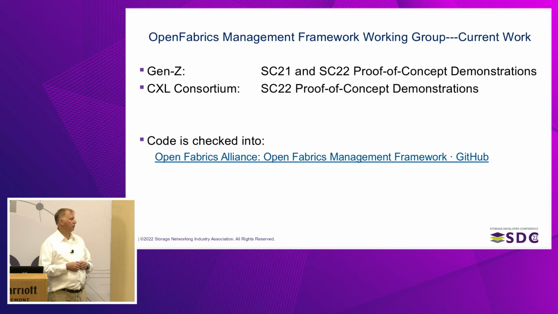through the Redfish and Swordfish to associate memory chunks with resources. And then this year, we're working on a proof of concept demonstration for a CXL consortium. We're going to take, again, chunks of memory. That's a simple use case that we're starting with. Gen Z did some small chunks of memory and some servers and stuff like that. This year, with CXL, we're doing basically CXL 1 and 2 demonstrations.